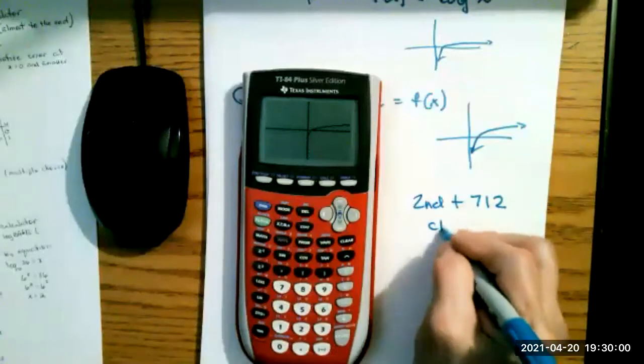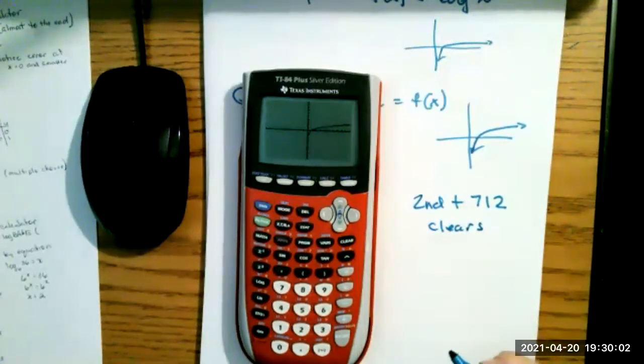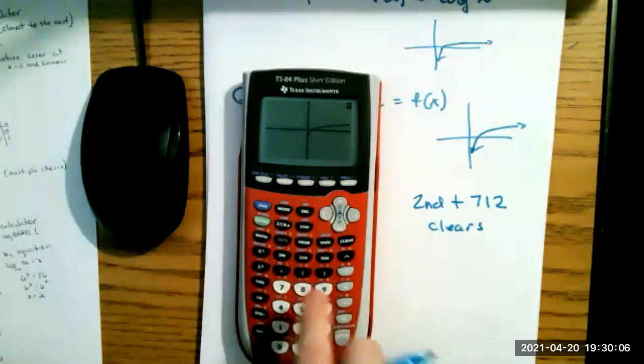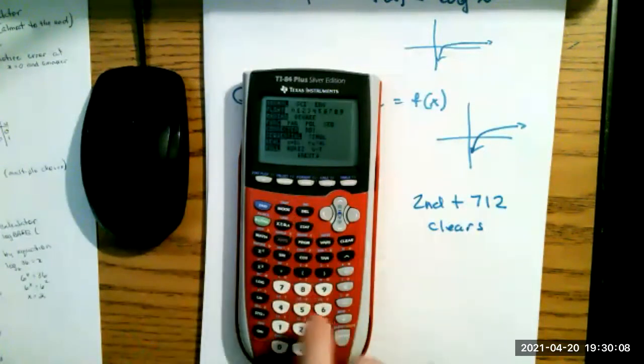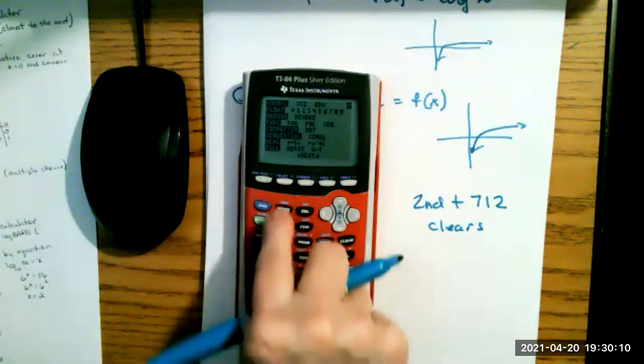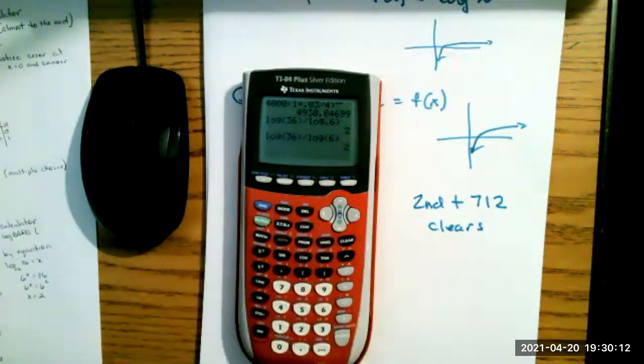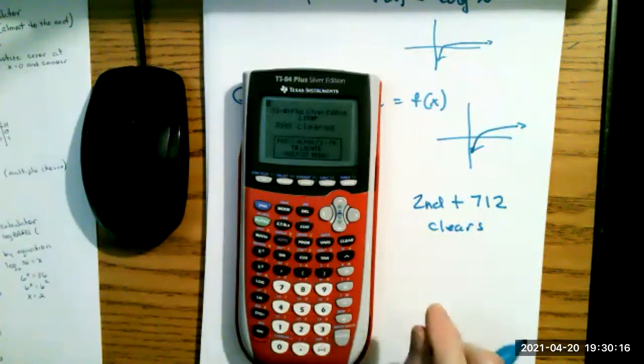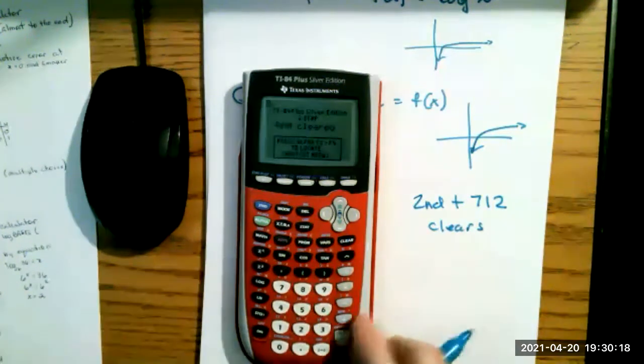That clears your calculator, and it should fix it to where it works right. Second plus 7, 1, 2. Oh, okay, cool. Appreciate it. Did you get it?